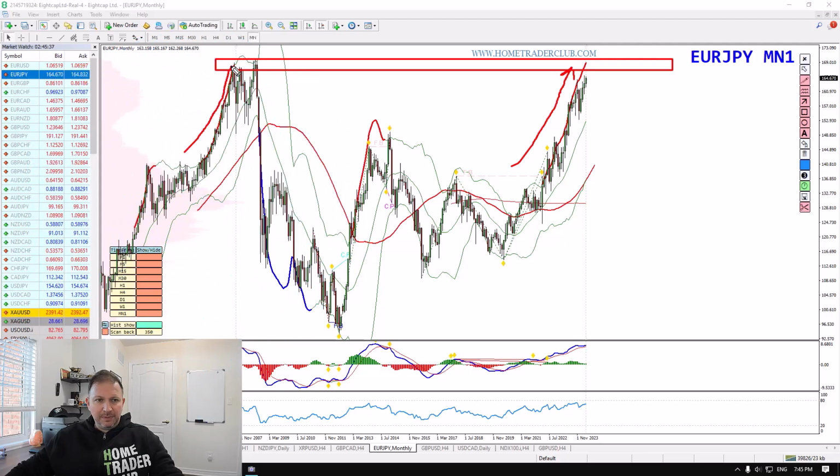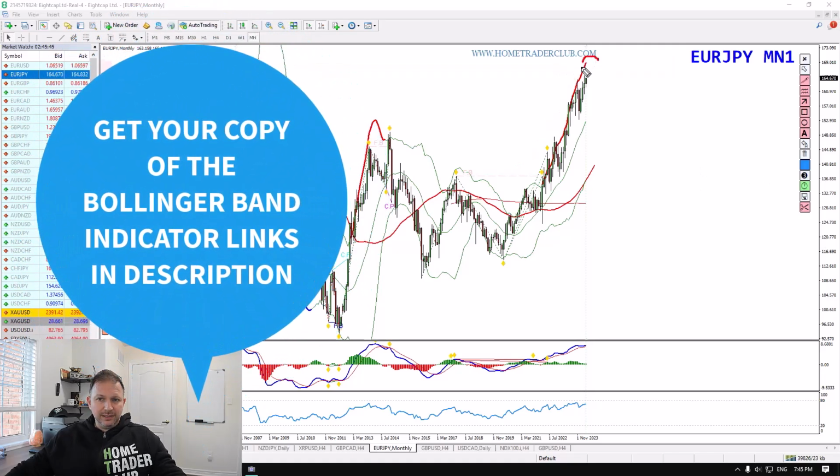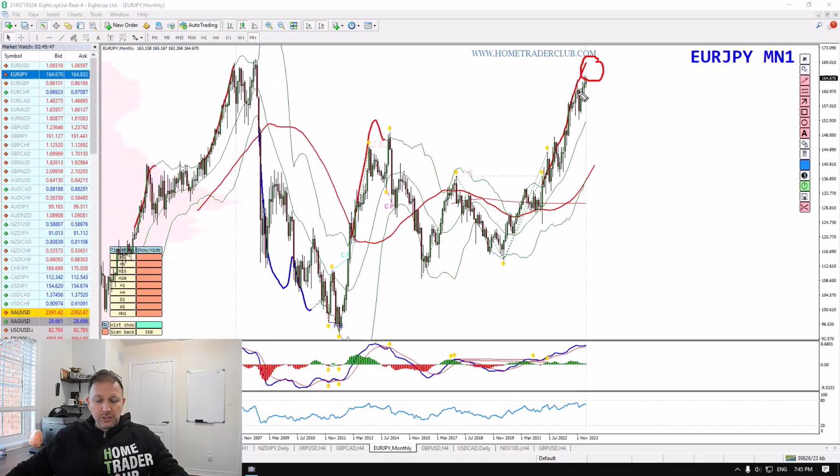The last time it happened was here, as you can see. This is a custom Bollinger Band indicator of mine, and I believe that in this zone, with all the conditions that the euro yen is building, there should be strong momentum to the downside and a clear trend change.